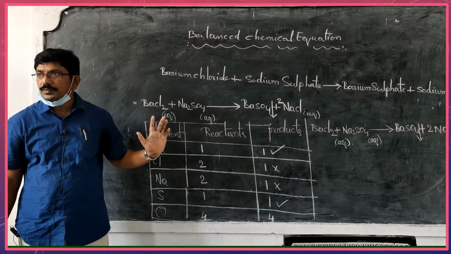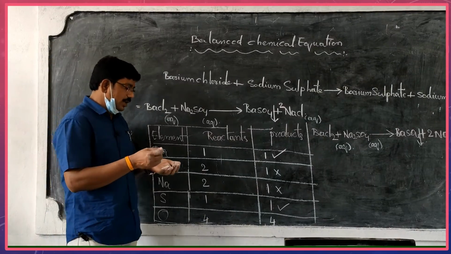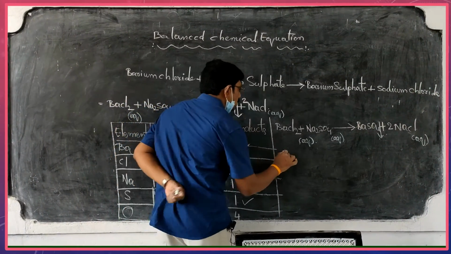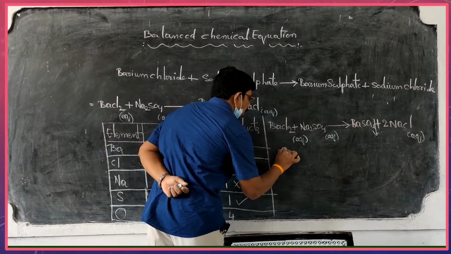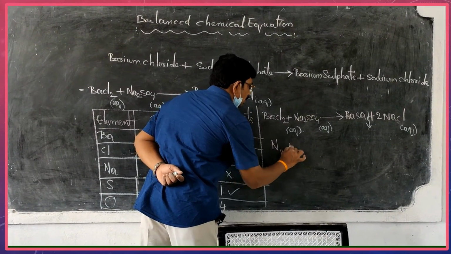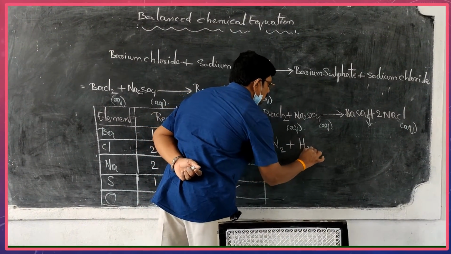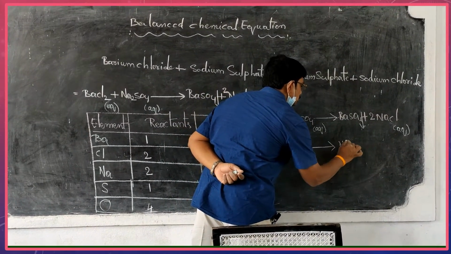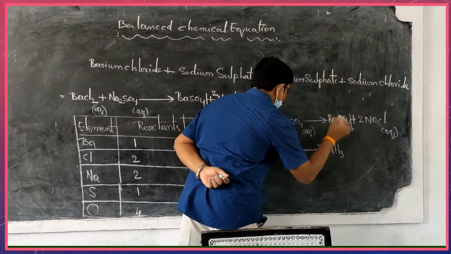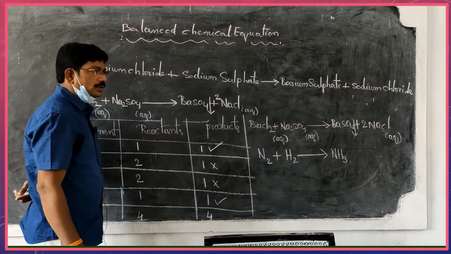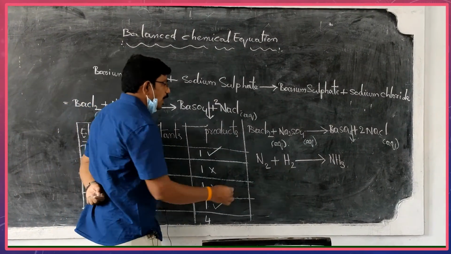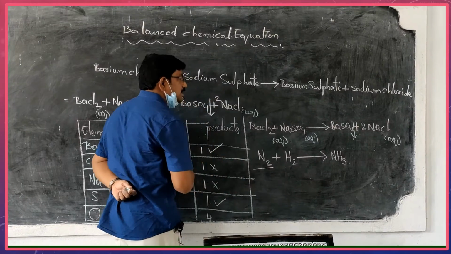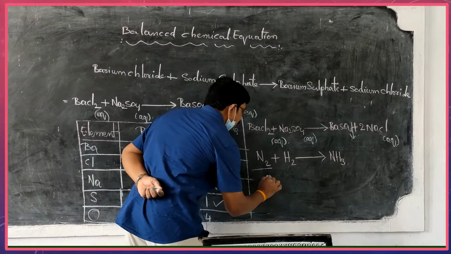Are you clear? Okay. One more example here I am giving. See this one. Nitrogen plus hydrogen gives rise to ammonia, NH3. Are you clear? Simple.